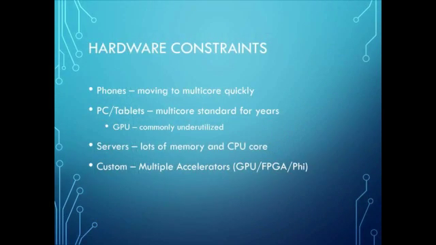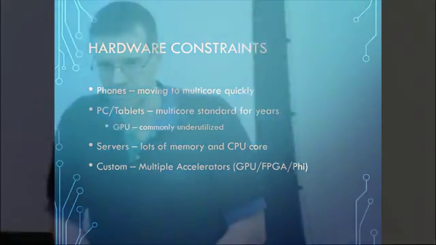So, hardware constraints. It depends on what platform you're on. If you're on a phone, you probably can't do as much parallel processing as if you're on a server and you know what your machines look like and you have Tesla cards in your machines or something like that. A lot of phones nowadays are multi-core, however, and whether they let you get at the cores or not is another story. But most of the new phones are either dual or quad-core processors under the covers.